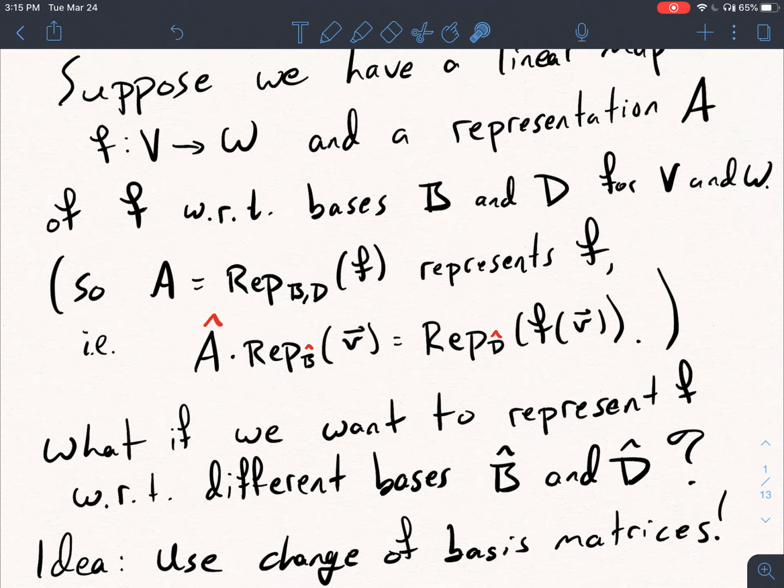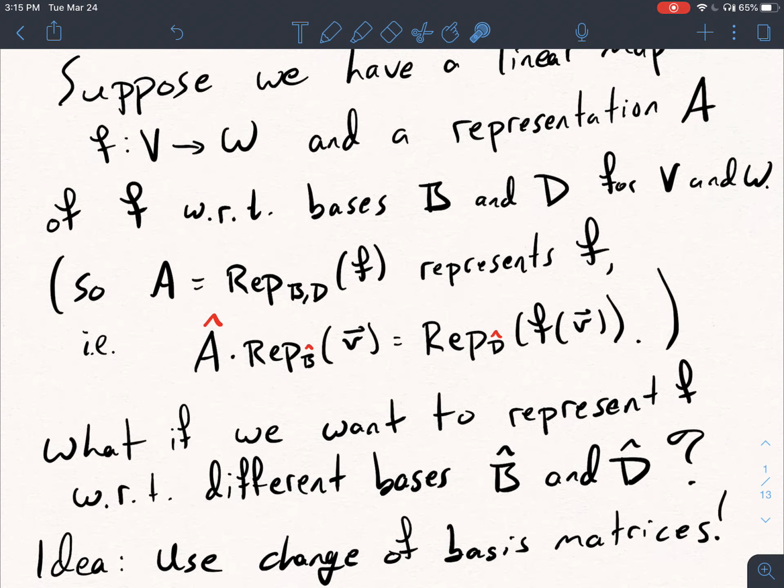So the idea for what we're going to do today, and I'll expand more on this later, is we're going to start with our representation with respect to B hat, use a change of basis matrix, multiply by that to get to the representation with respect to B. So we go from the basis B hat to the basis B, and then we use our representation with respect to B and D of f to take us from B to the basis D, and then we do another change of basis matrix to go from the basis D to the basis D hat.